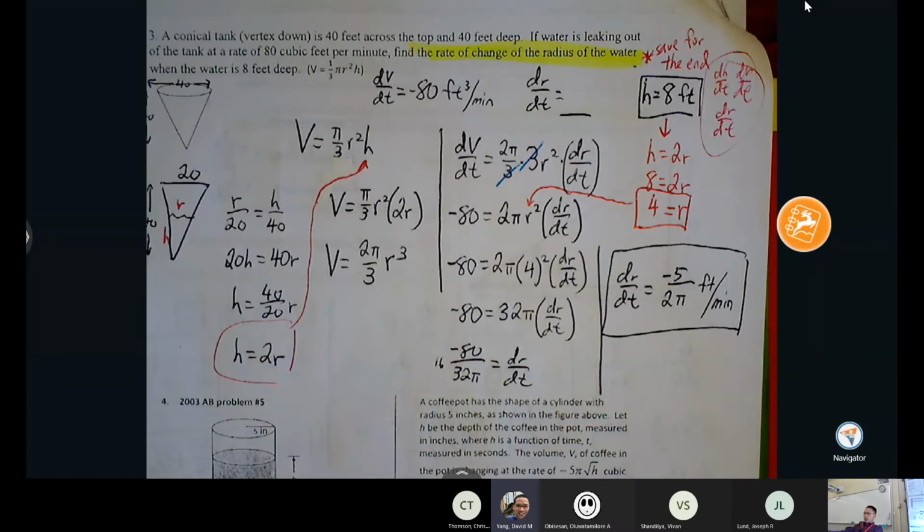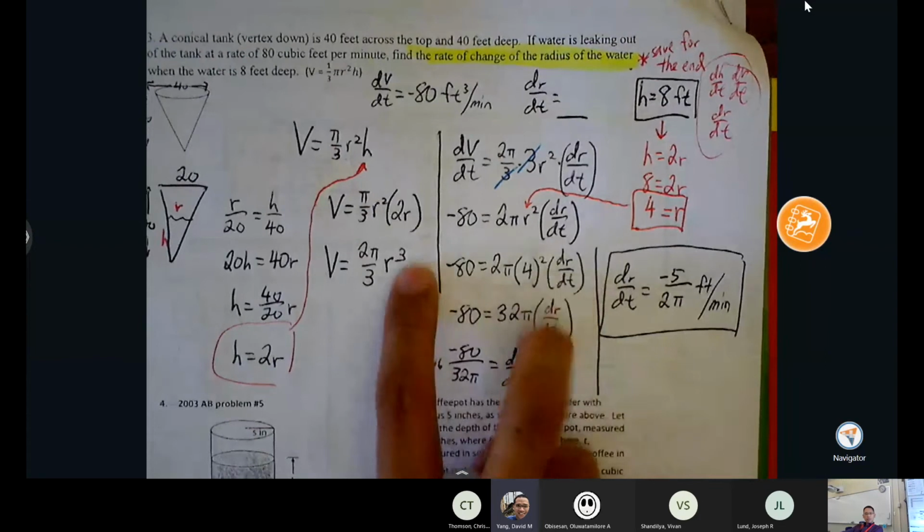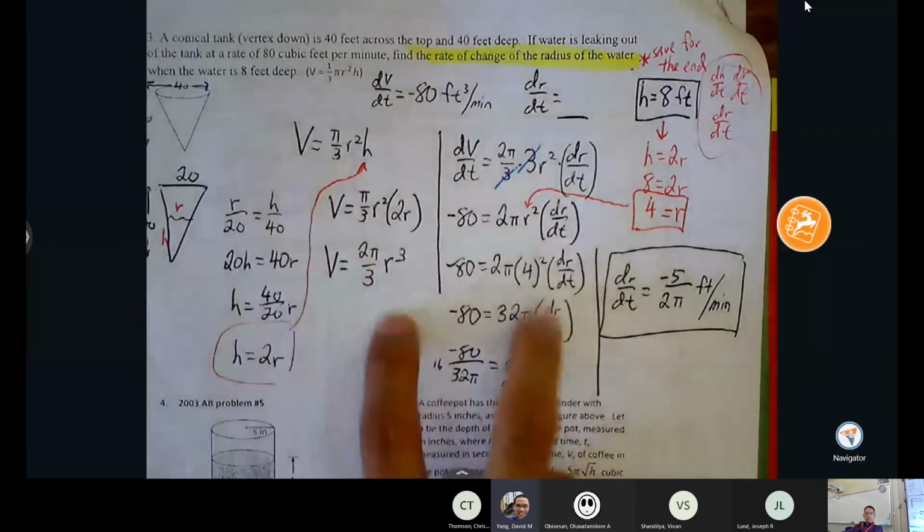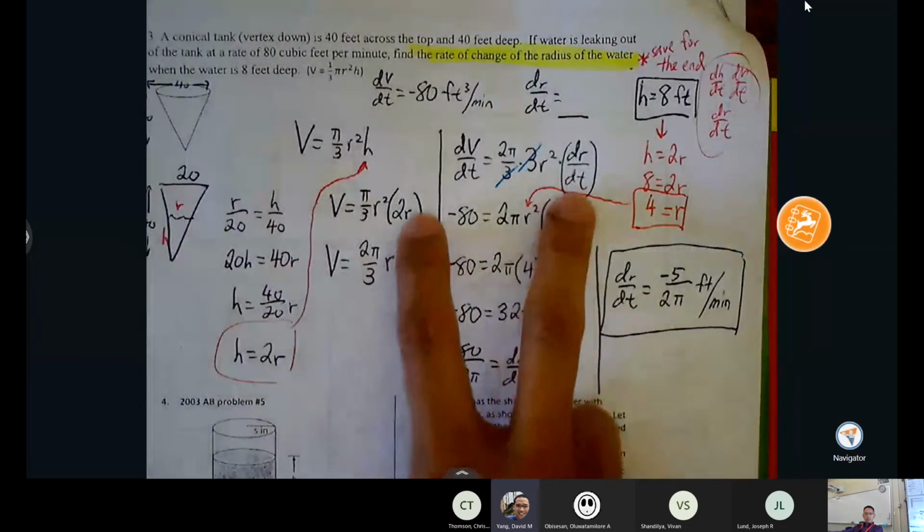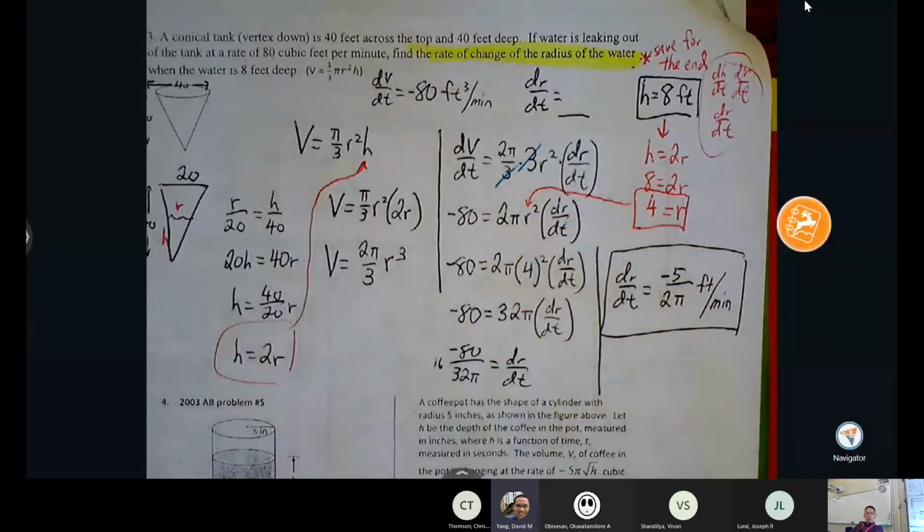So I think the trouble that students have is there's just a lot of steps, right? And it's easy to get lost. And so the only way to get better at it is just to see more of it. The more you see, the more you ask questions, the more you connect the dots, you're able to follow the process a little better.